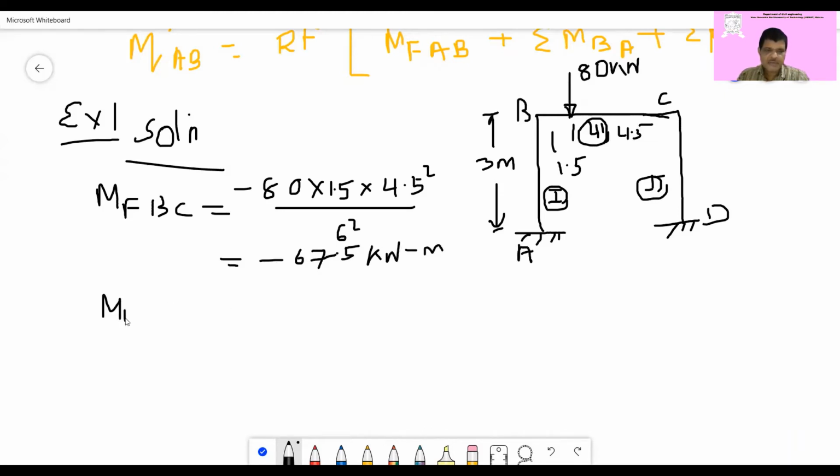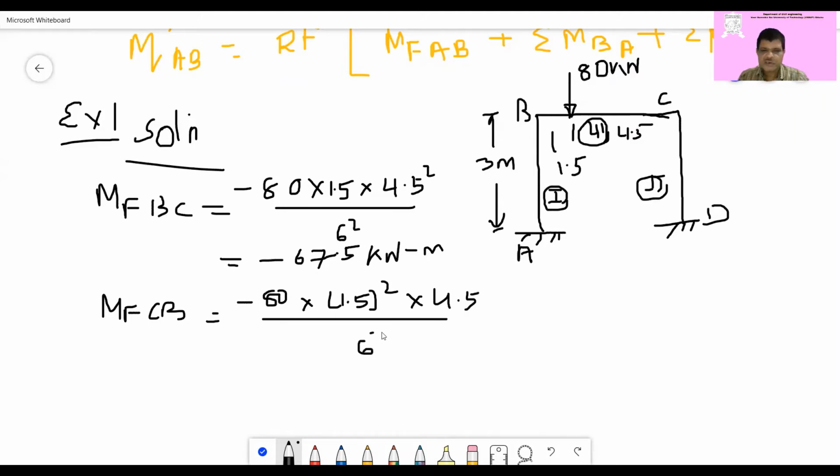Similarly, you can calculate MFCB, which is equal to 80 into 1.5 square into 4.5 divided by 6 square. So this comes out to be 22.5, sorry, this is minus, minus plus, so plus 22.5 kilonewton meter. The left side will be minus W A B square by L square and the right side will be W A square B by L square.